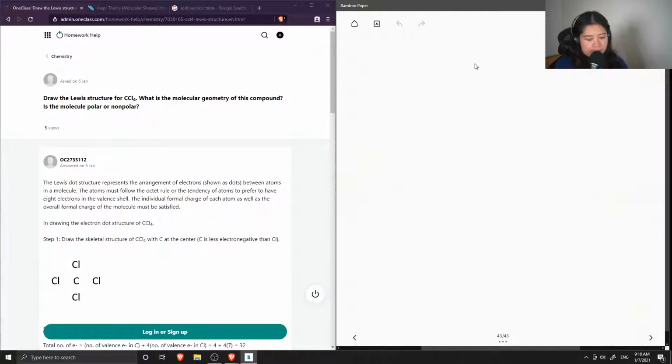Okay, so question number 6 is to draw the Lewis structure for carbon tetrachloride. What is the molecular geometry of this compound, and is the molecule polar or nonpolar? Okay, so first let's draw the Lewis structure. So I'm first going to determine the total valence electrons in the molecule.